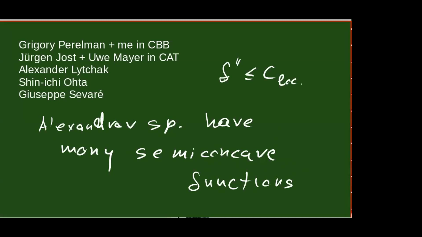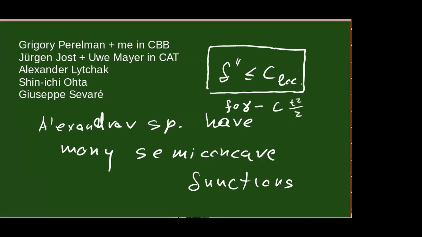For example, the meaning of this inequality I described last time, right? That means that if you take the composition of f with a unit speed geodesic and subtract c t^2/2, then this function is concave.